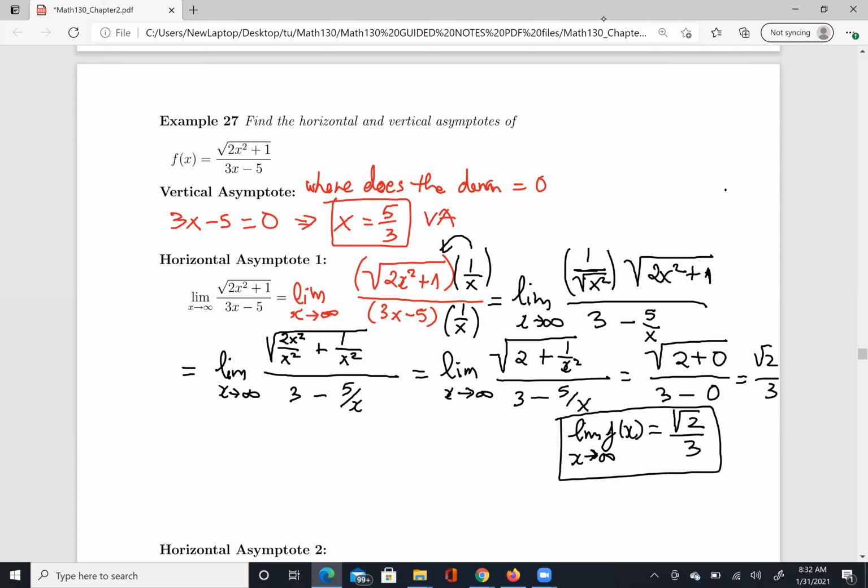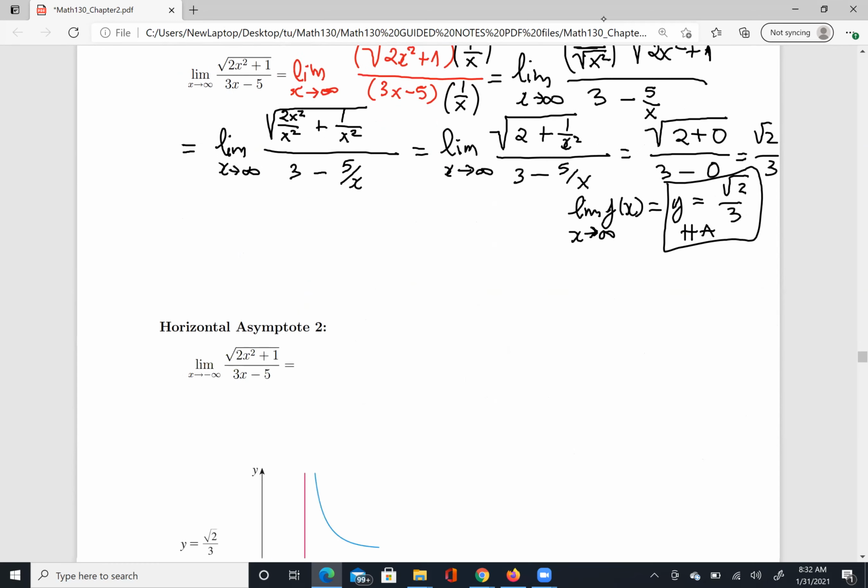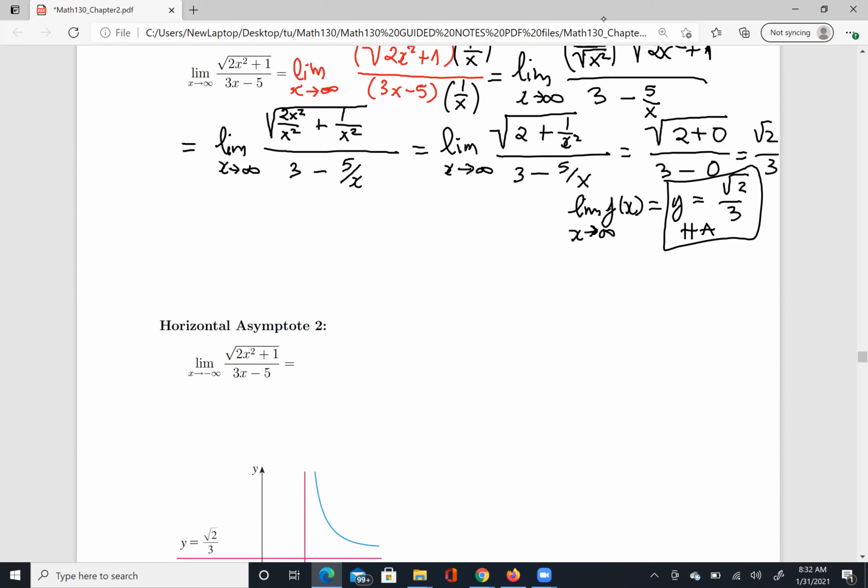That's going to be the horizontal asymptote. So I should also write y equal to square root 2 over 3. That's going to be the horizontal asymptote. Okay, that is the first one.